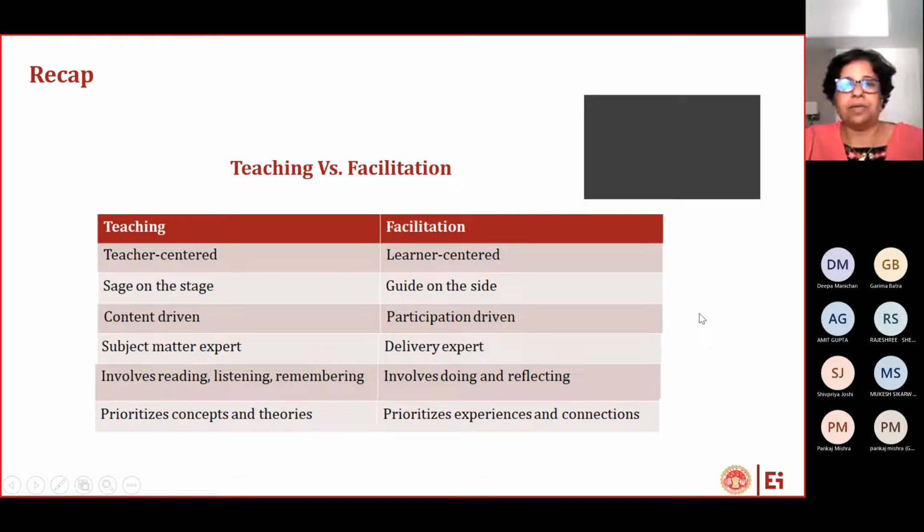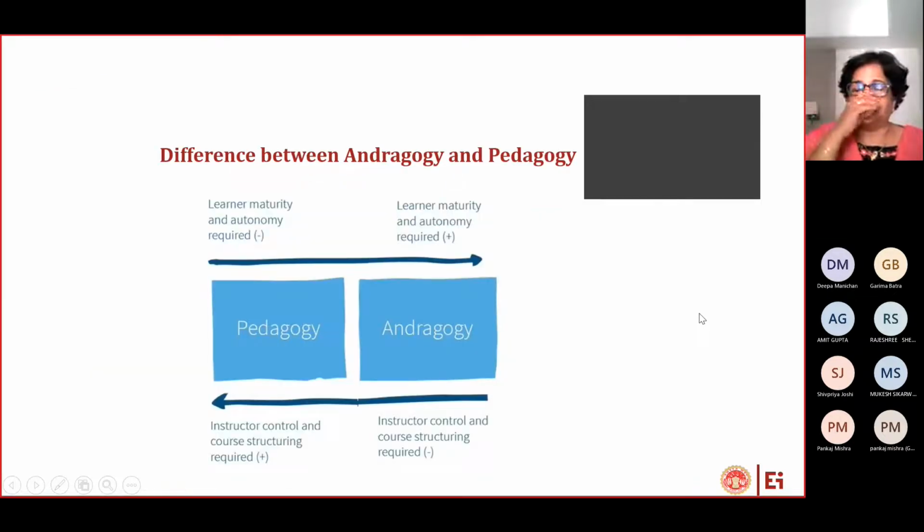And then the second important point we touched upon was the difference between andragogy and pedagogy. The main difference is the level of autonomy and maturity that increases from the pedagogy to the andragogy scale.